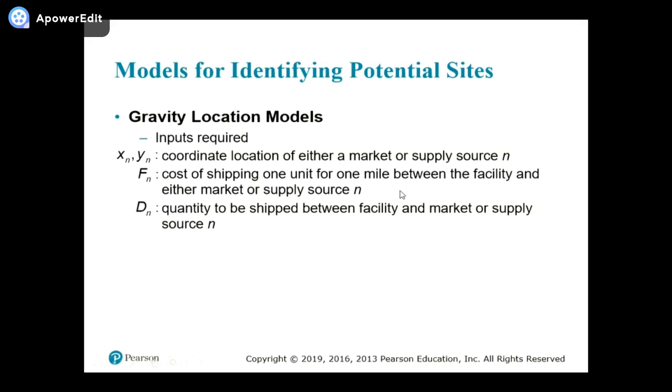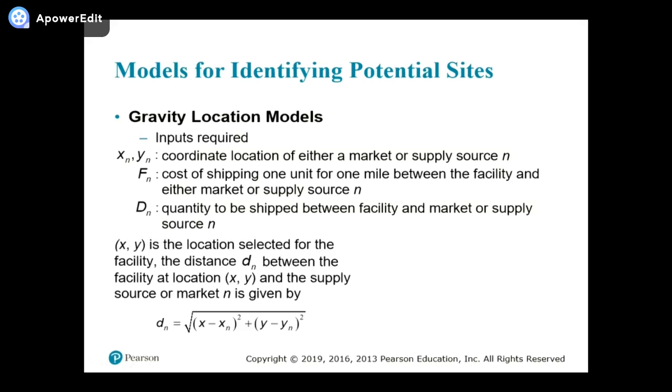Then this is just Euclidean geometry. Assuming that we're going to select a location with coordinates x, y, then we can calculate the distance between this location and any of the supply or demand sources: square root of (x minus xn) squared plus (y minus yn) squared.